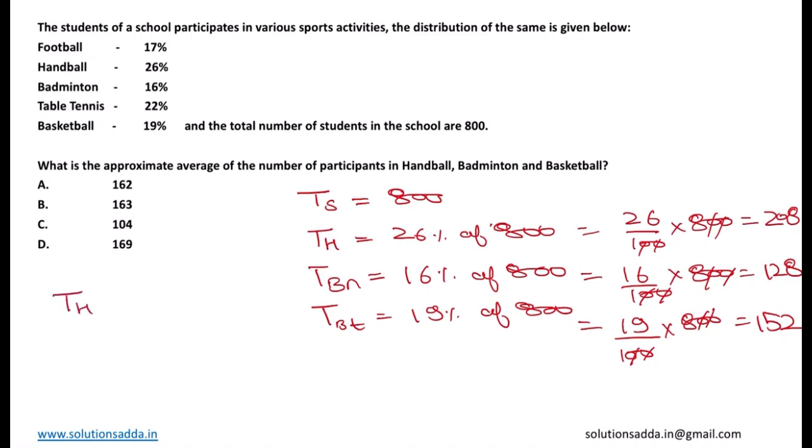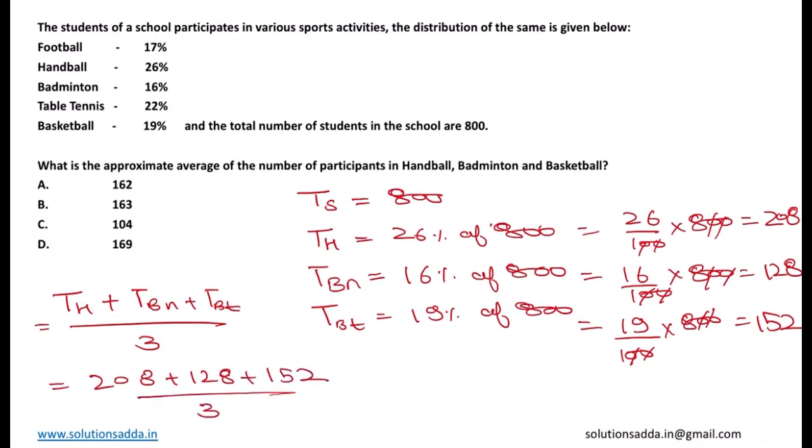Therefore, TH plus T badminton plus T basketball divided by 3, which comes to 208 plus 128 plus 152 divided by 3, which is 200 plus 100 plus 100, 300, 460 and 28, that is 488 divided by 3, and hence the correct answer would be 488 divided by 3, which is 1, 3 1s are 3, 3 6s are 18, 3 2s are 6, 162.66.